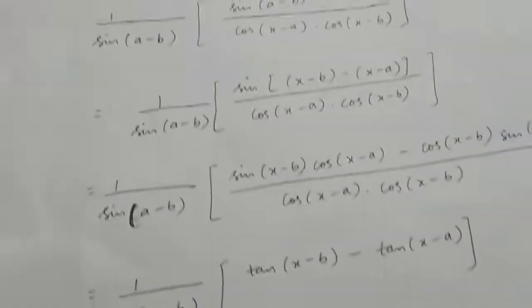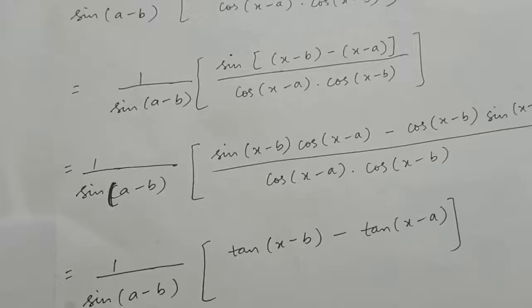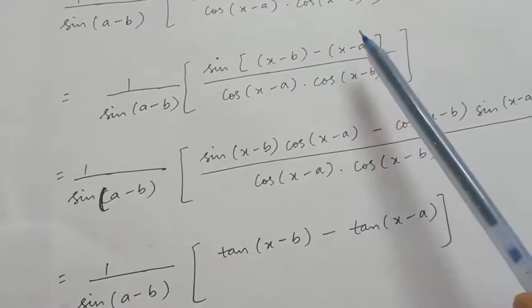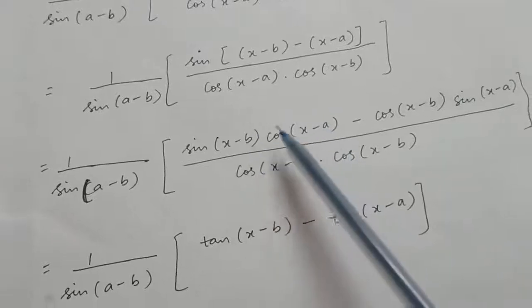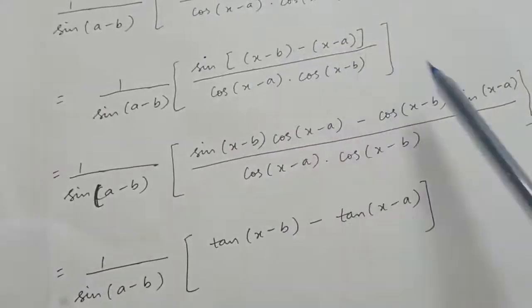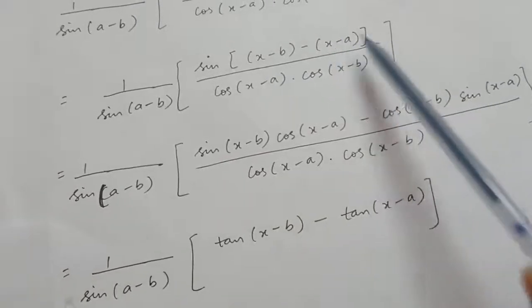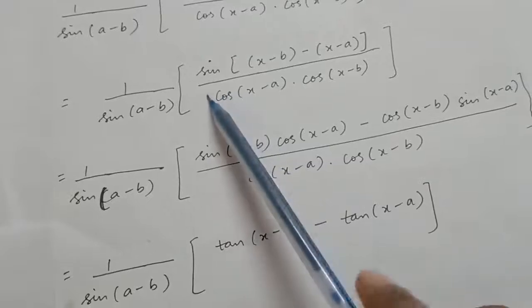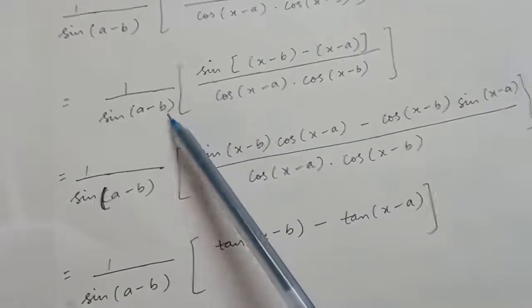Now see, when you will solve this, this is sin a minus b or sin x minus y, which is sin x cos y minus cos x sin y, right?